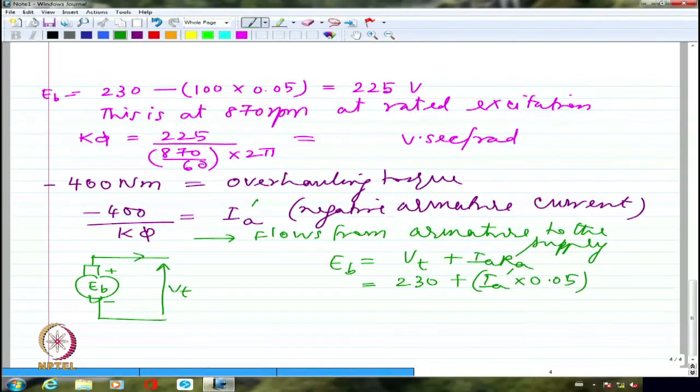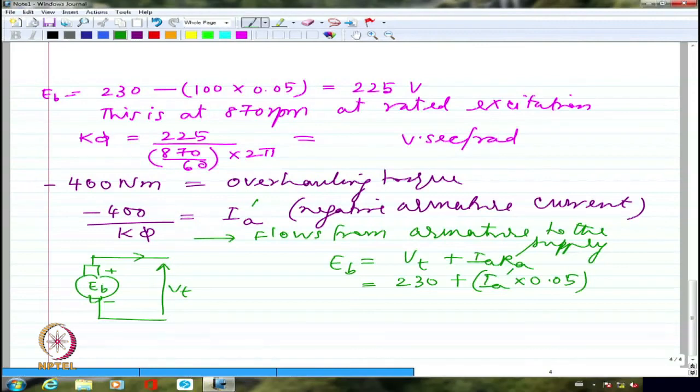That has become higher probably because it is pulled down by gravity. You will get this EB value to be very clearly greater than 230 because it is VT plus IA RA. Right? So IA is governed by the difference between EB and VT. VT is fixed and EB depends upon the speed. So obviously this can happen only at a speed greater than 870 RPM. It can't happen at 870. Obviously. Is this clear? Yes.